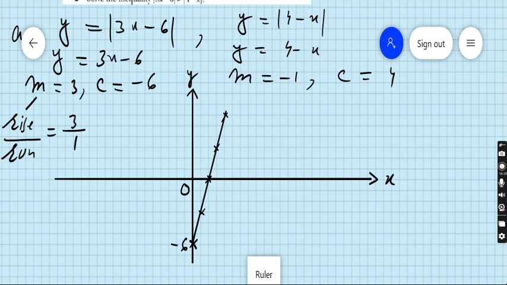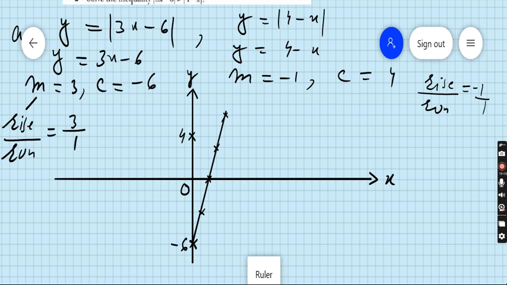Now the second line is y equals 4 minus x. Here the y-intercept is 4. So 1, 2, 3, 4. This is the y-intercept. And our slope or gradient is minus 1. So rise upon run is equal to minus 1, so minus 1 upon 1.